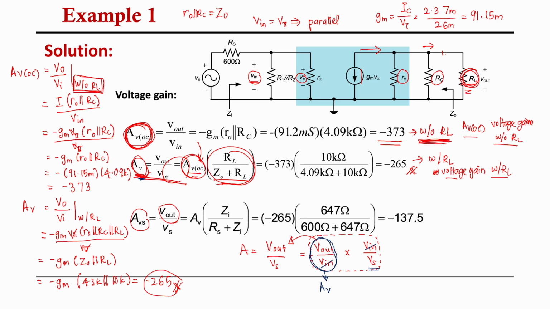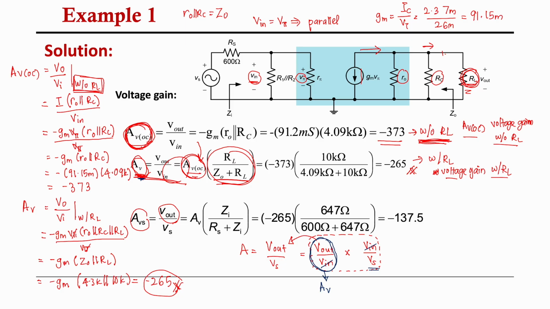That is why we are using this formula, because one part has been calculated. V out over V in is the AV, which is negative 265. So the only one left that we need to calculate is the V in over Vs.